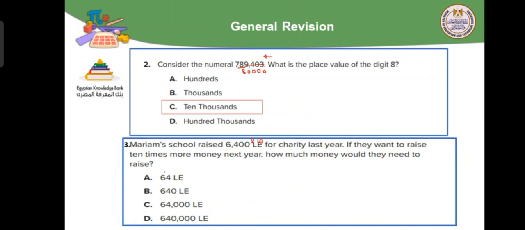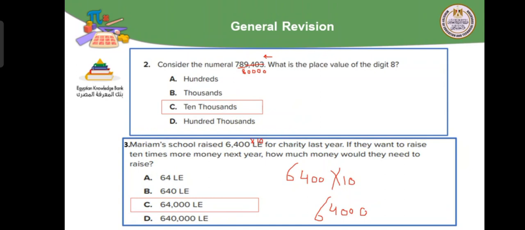Yes, all of you, B, excellent. You choose A or B or C or D. I have 6,400. If I put another 0 at the right of this number, I get what? Excellent, number C, 64,000. Let's see: 6,400 multiplied by 10, because 10 times more. So it will be 6, 4, 0, 0. Then I put 0.